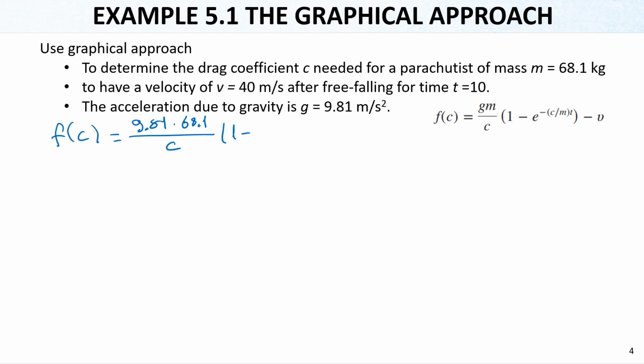Then 1 minus exponential of minus c divided by 68.1, times t, which is 10 seconds, as mentioned here. And also there is the velocity, so let me close the parentheses. Then the velocity is 40. It was mentioned here.